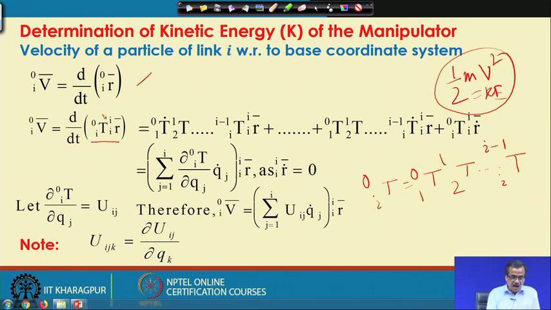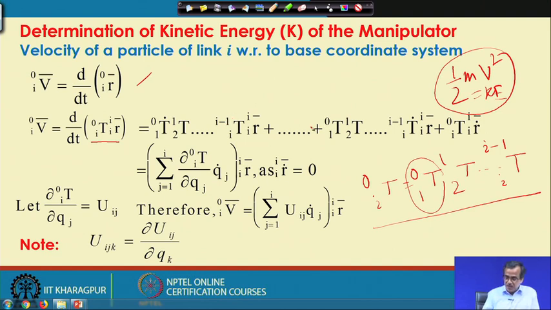So, if I find the derivative, first I concentrate on T_1 with respect to 0 dot multiplied by T_2 with respect to 1, and there are a few terms, and the last term is T_i with respect to i minus 1.